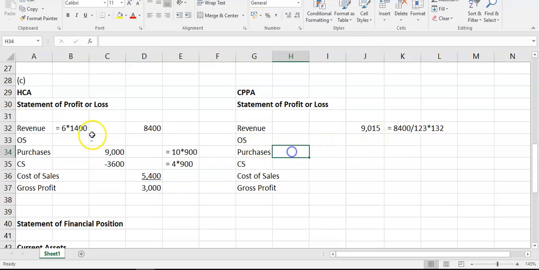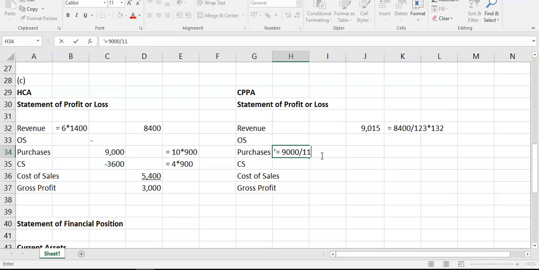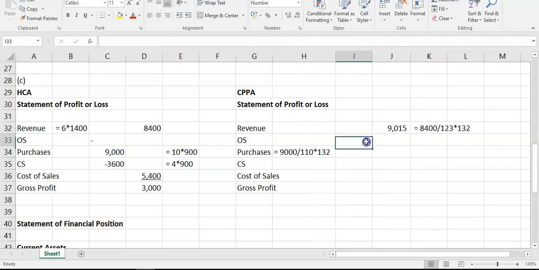For your purchases, you take the 9,000, which was the historical cost. You divide that by the index when the transaction occurred. You acquired them at the start of the period, which is 110, and you bring it towards the end of the period, which is 132. So your purchases there, we have no opening stock.